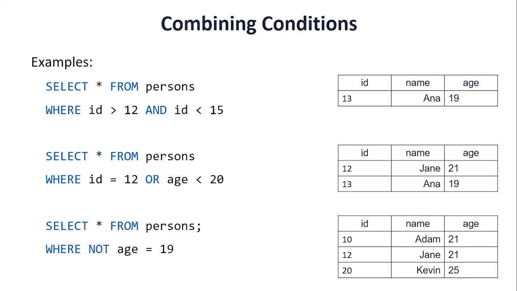And similarly, if we say where not age equals 90, so we should get pretty much all the records which don't have age value equals to 90. Right, so that is about selecting data from the database.